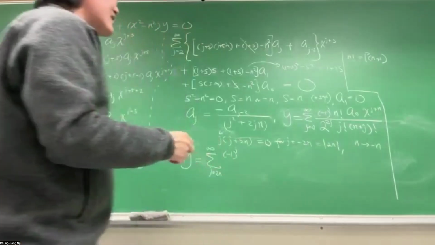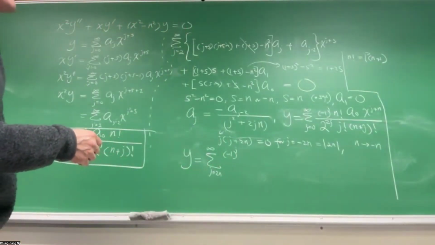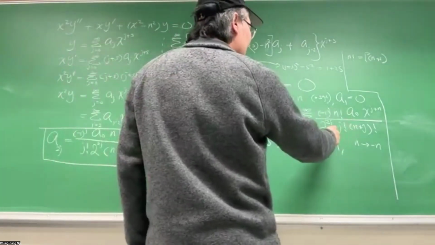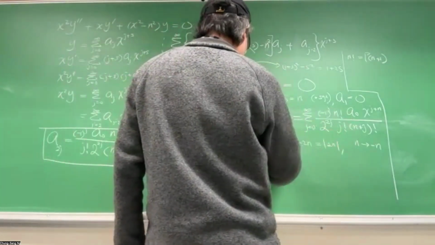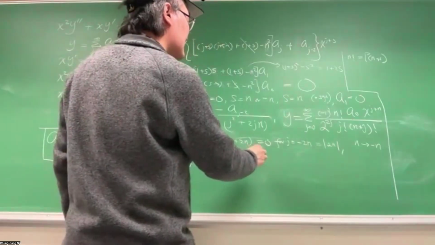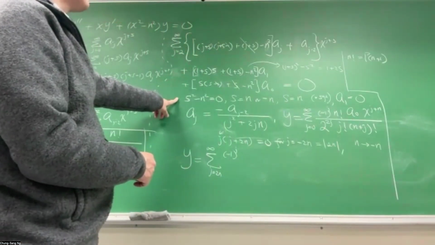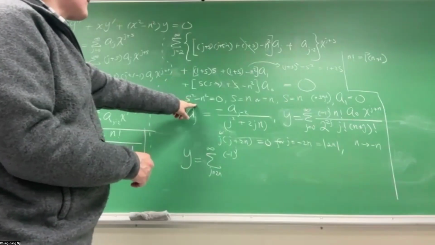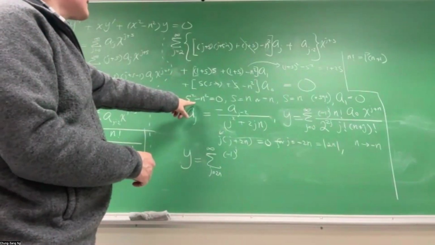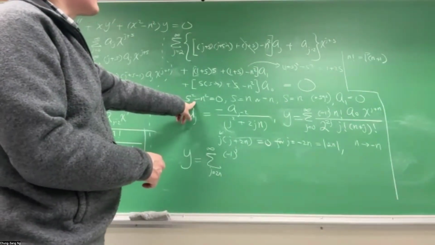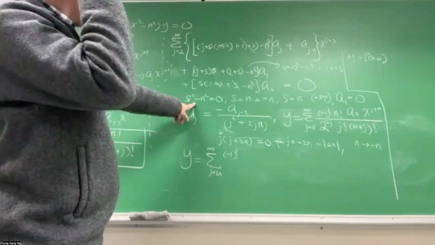Everything becomes a negative n factorial. We can either go back to the original one and start with s equals minus n and see what we get.